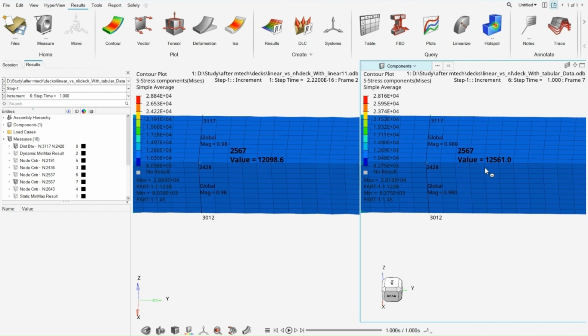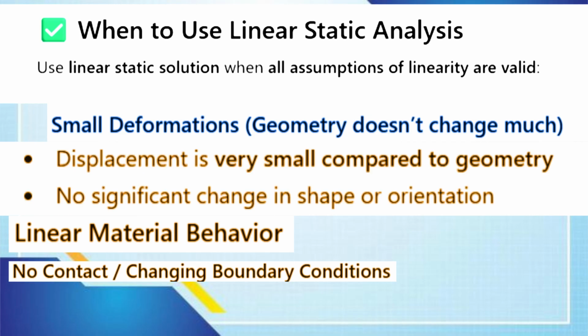That doesn't mean we shouldn't use the linear static solution in FEA, because for some engineering problems we know that, even before applying the load, the deformation is going to be small and the geometry changes will be negligible. So the engineering stress which you calculate through linear static will be almost near the true stress, so we can easily make a judgment on the basis of linear static.